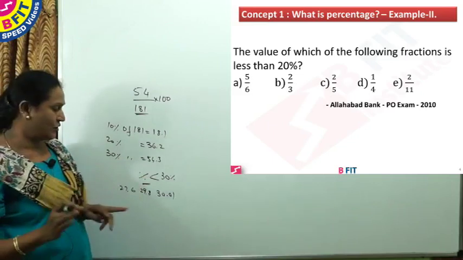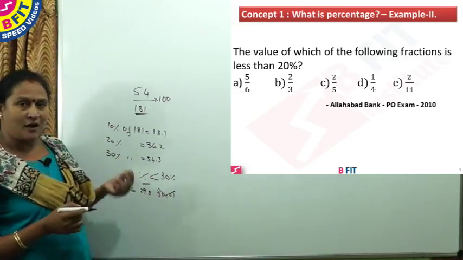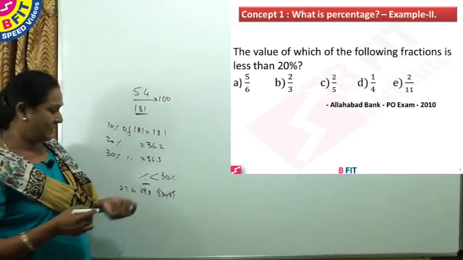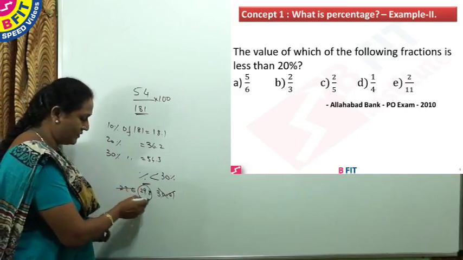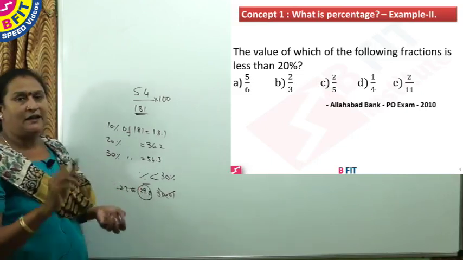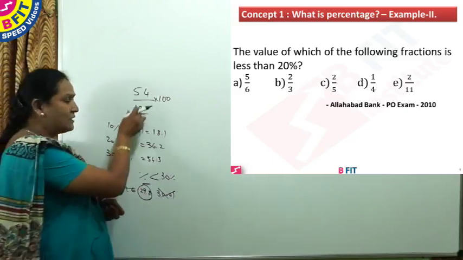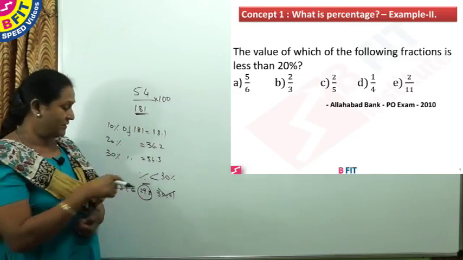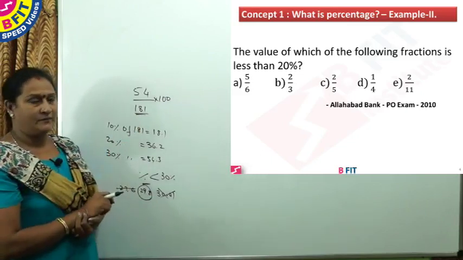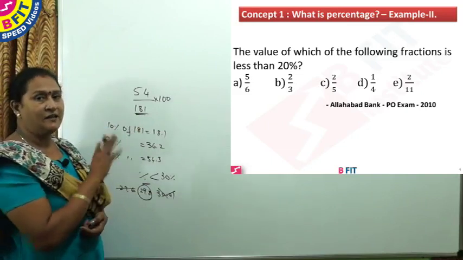Definitely it will not cross 30, so 30.01 can't be the option. And here it is only 0.3 less than the required percentage, so it can't be 27.6. The only possible answer will be 29.8. In this pattern, by making split up for the denominator, you can easily get the correct answer by checking with the options.